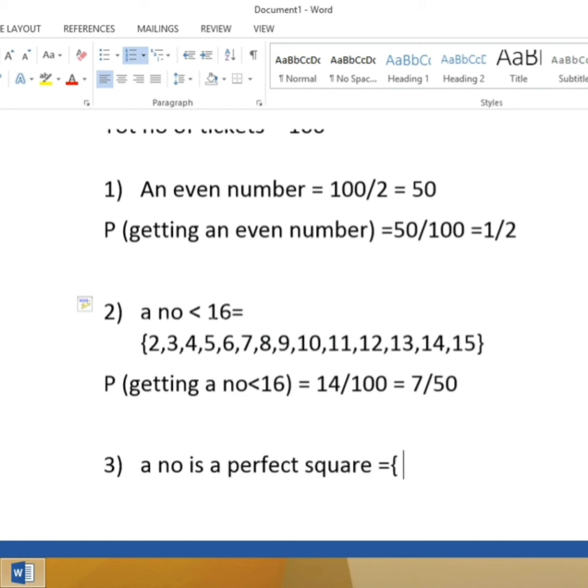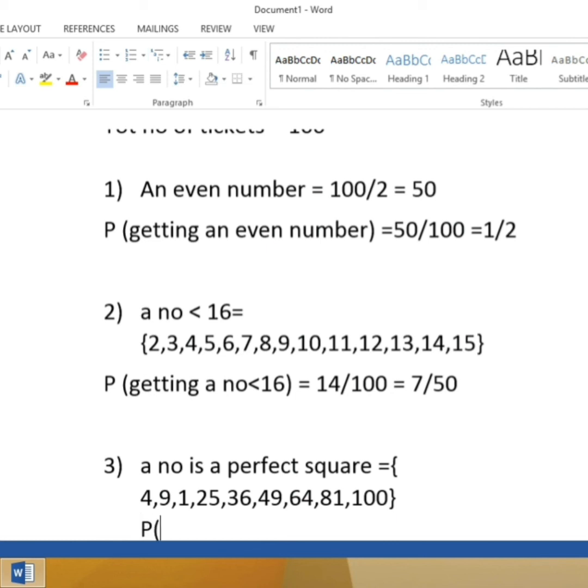So what are the possible perfect squares here? It's not starting from 1, so 4, 9, 16, 25, 36, 49, 64, 81, and 100.